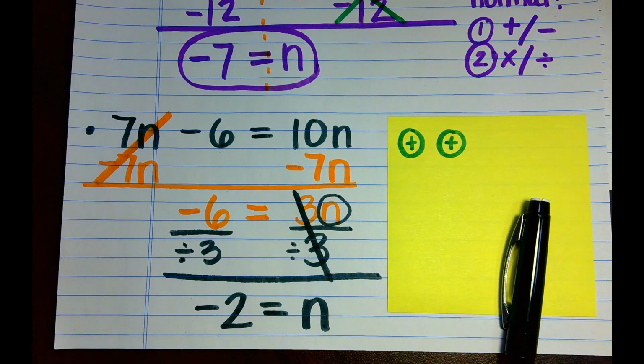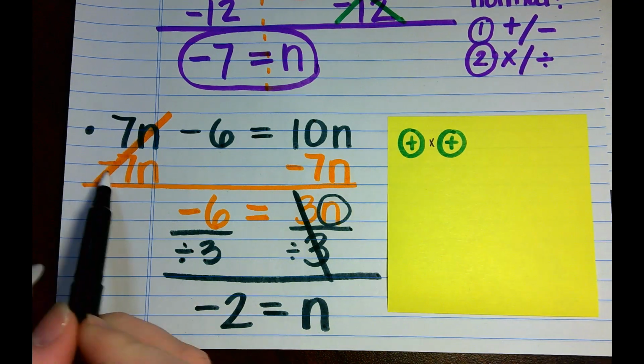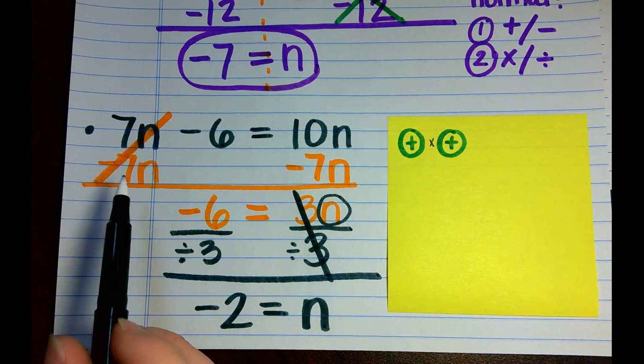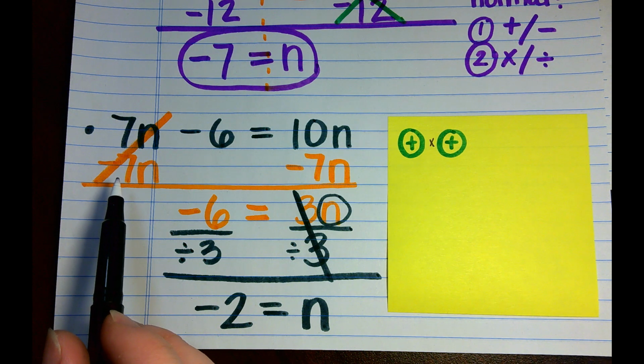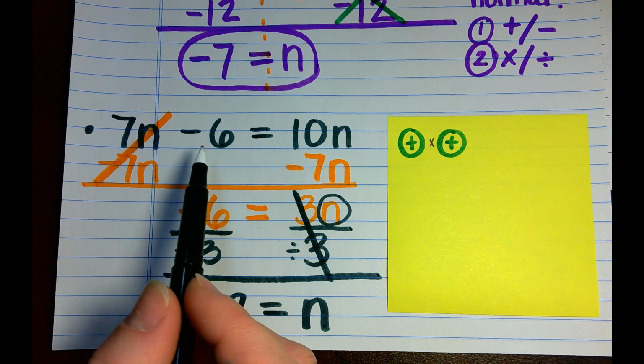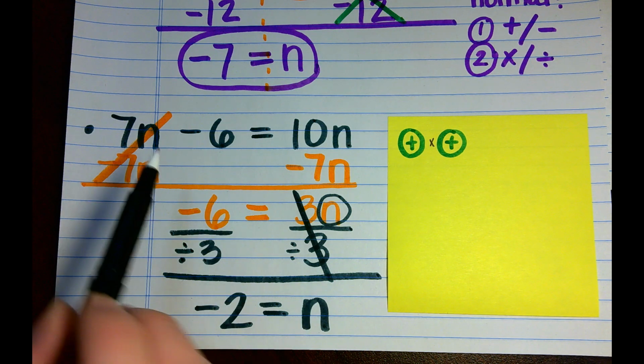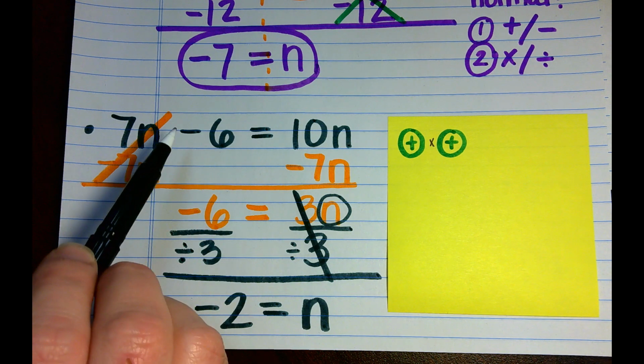I have a question. Yes. When you subtract 7 from 7 at the top, doesn't that minus sign go away from the 6? No, negative 6 is by itself now. So we can get rid of the plus sign if it was a plus, but minus stays.